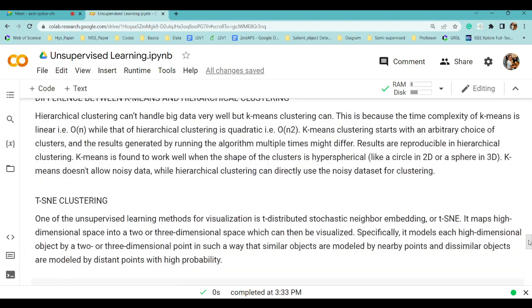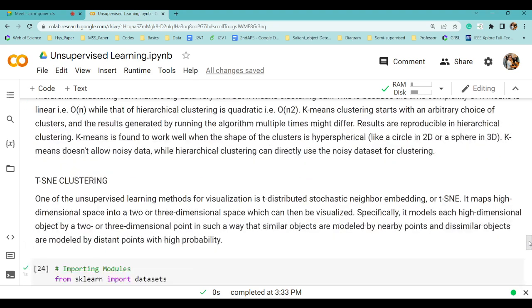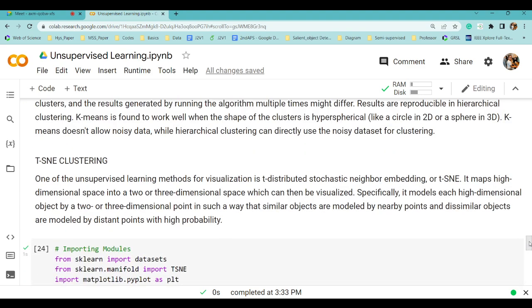It's not a very difficult thing to understand. Okay, now there's another clustering called TSNE clustering. In this clustering, what we do is we take the high dimensional data. High dimensional means there are some data sets which will not come into the same dimension.